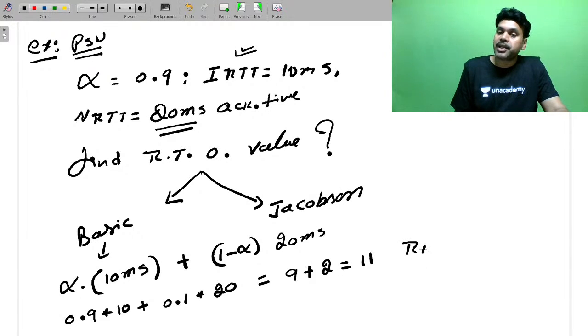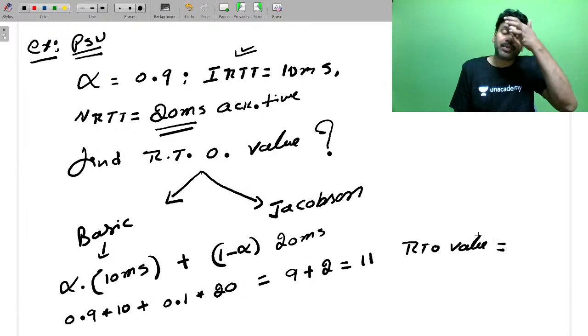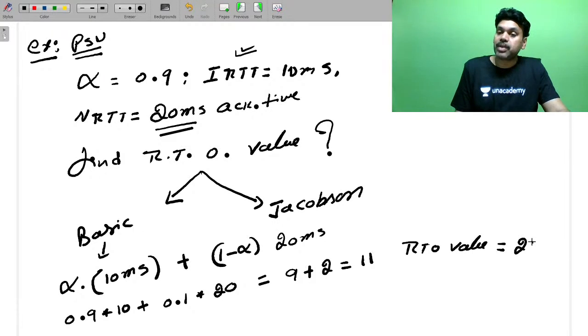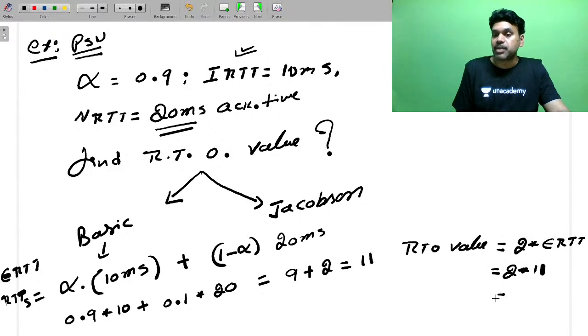Now what is your RTO value? According to the basic algorithm, your RTO value is double your smoothed RTT, RTTS. This I am calling the estimated RTT, ERTT also you can call it. Double your ERTT. What is your ERTT? 11. So 2 into 11 is nothing but 22.